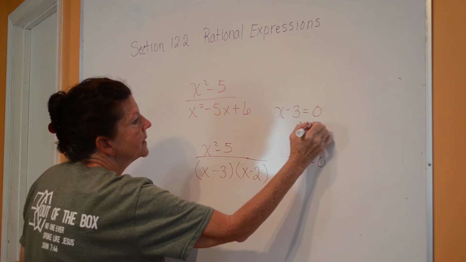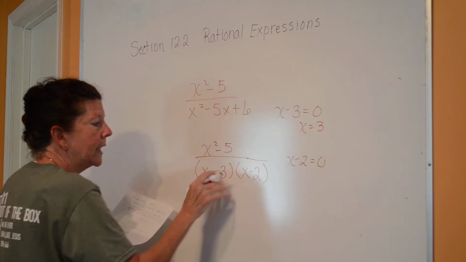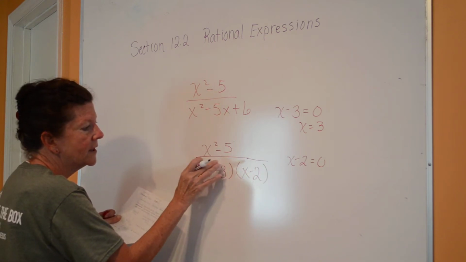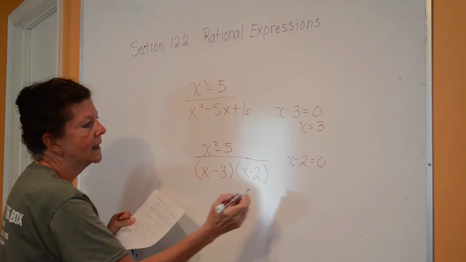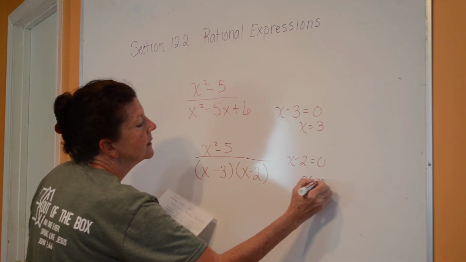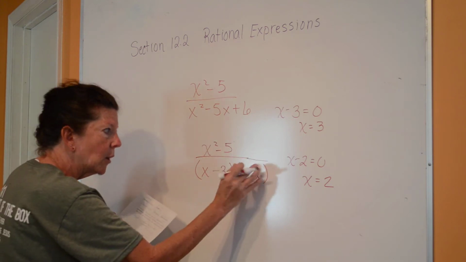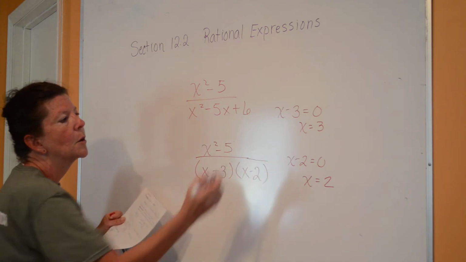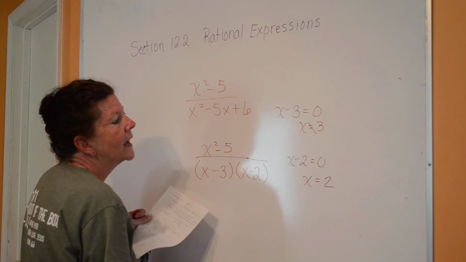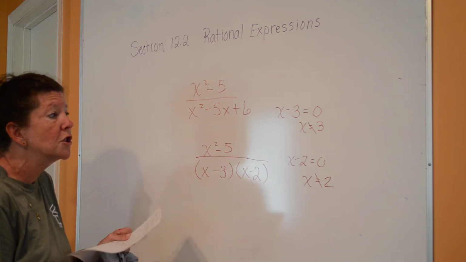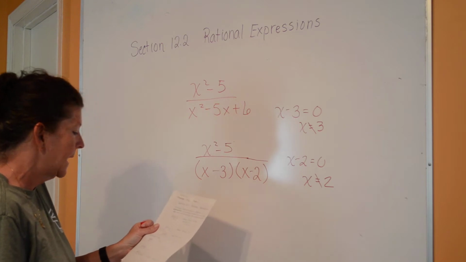If x was equal to 3, I would have a 0 on the bottom, because that would make this parentheses 0, and 0 times anything is 0. And x equal to 2 would make that 0, which would make the whole bottom 0. So I cannot have x equal to 3 or x equal to 2. Those are the two things that x cannot be equal to.